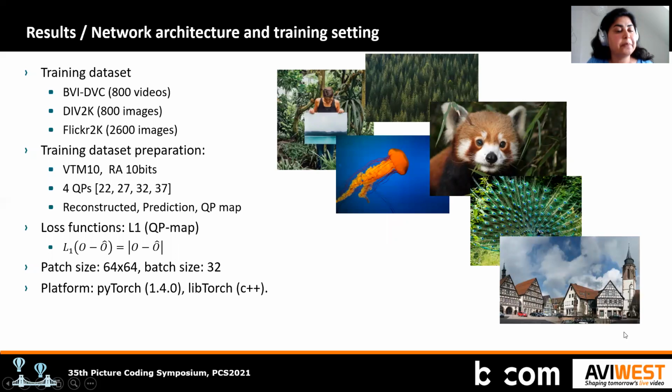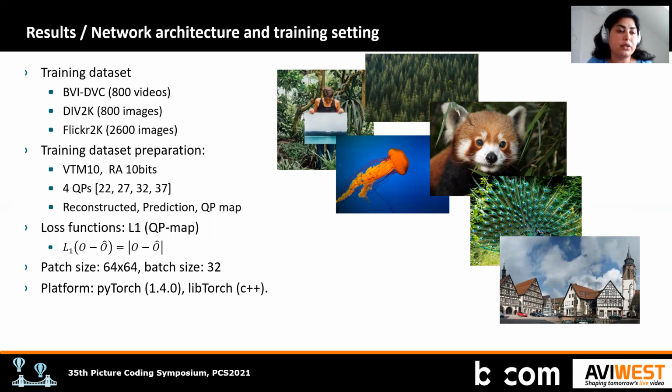For the training dataset, we use BVI-DVC, which is composed of 800 videos in different resolutions, which was a great dataset for this application. For training the intracoded frames, we also use two image datasets, DIV2K and Flickr2K. We performed our training with the dataset encoded with VTM10 in random access configuration, 10-bit, in 4 QPs.